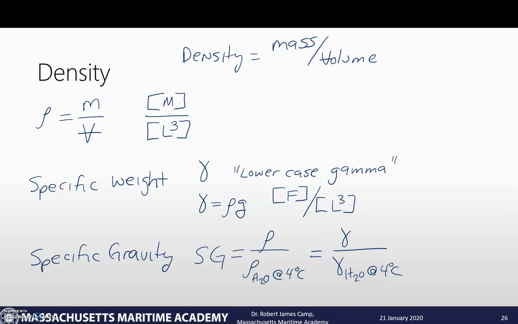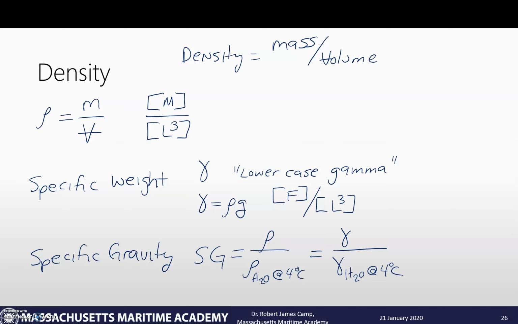Now the question is, why 4 degrees C? That seems kind of an odd number. Well, 4 degrees C is where water has its maximum density, because now you're getting to that point where it's getting ready to start to freeze. You've cooled it down enough that this is before it starts to form ice crystals.